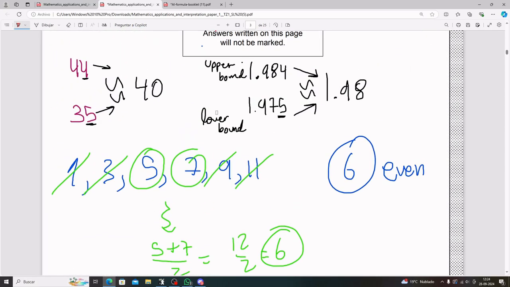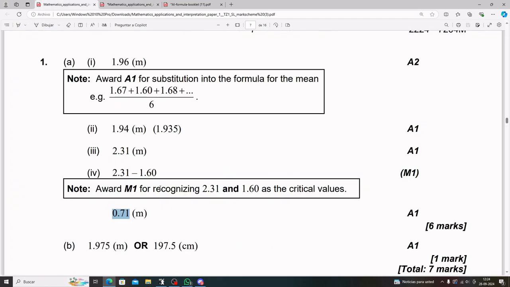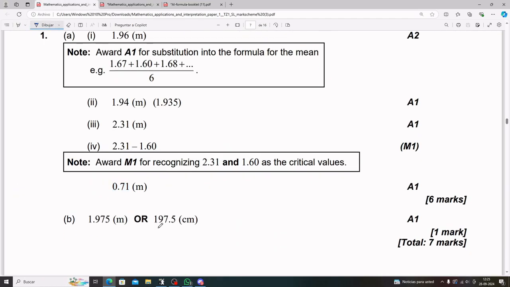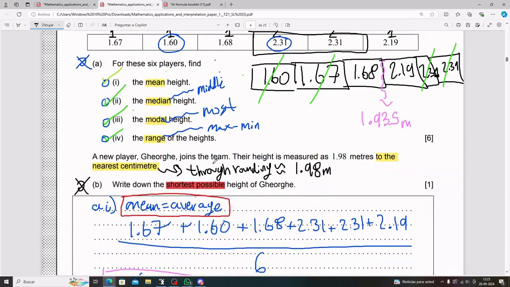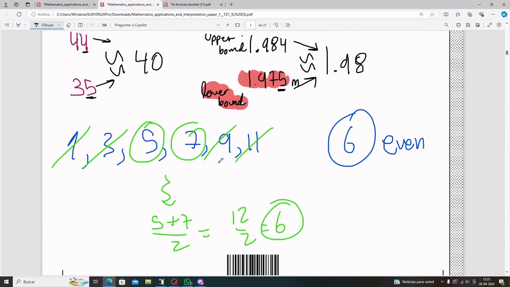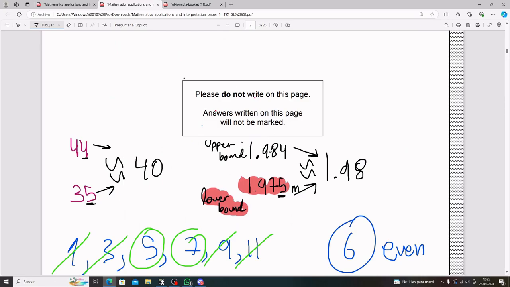For the shortest, it's going to be the lower bound. My answer is 1.975. Don't forget the units, meters. Bada bim, bada boom. It is right here. 1.975 meters. If they were asking for the highest possible height for George, it would end up being 1.984.